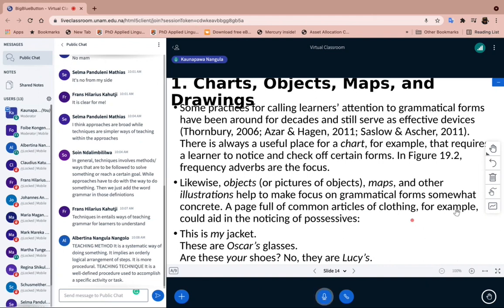They say, for example, this could aid in the noticing of possessives. So let's say you bring into the classroom either an actual jacket of your own, or a picture of a jacket, and then you say, this is my jacket, pointing to yourself.